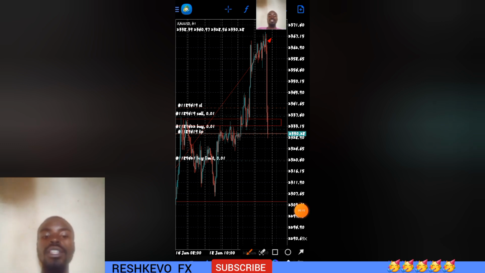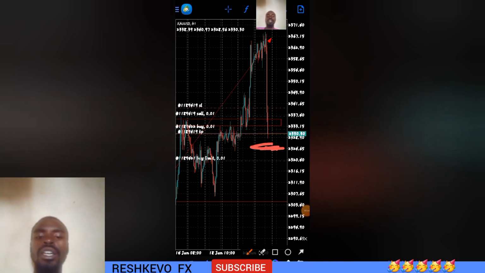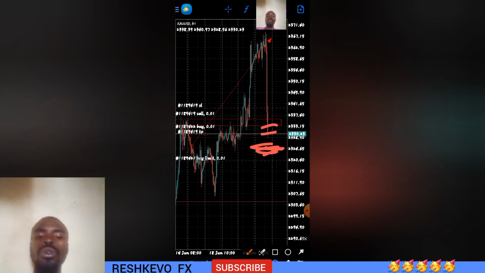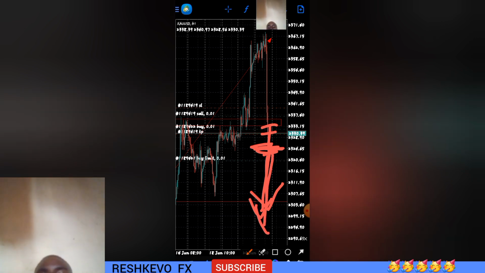It means that you have got a signal that says when the trade reaches this point here, it will continue going down. It has not yet reached, as you can see, the trade is here. So the sell stop means that when it reaches here, you will be triggered on the market and it will continue going down.